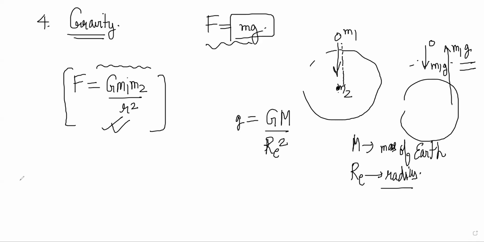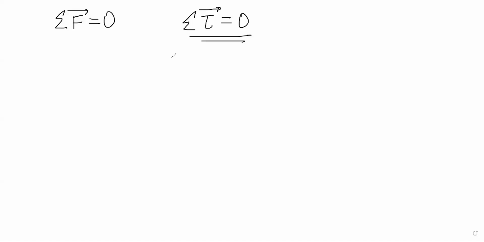Now, one important thing you need to realize is in any statics problems, you have to approach it by doing sum of all the forces should be zero and sum of all the torques should be zero. And when you calculate torques, you can calculate torque about any point.